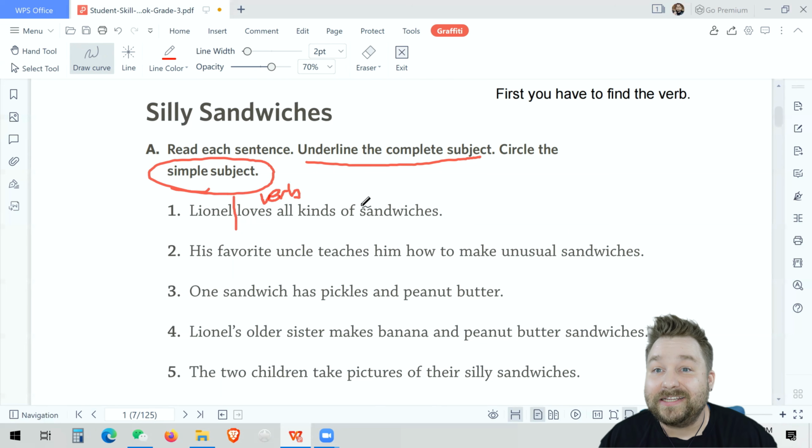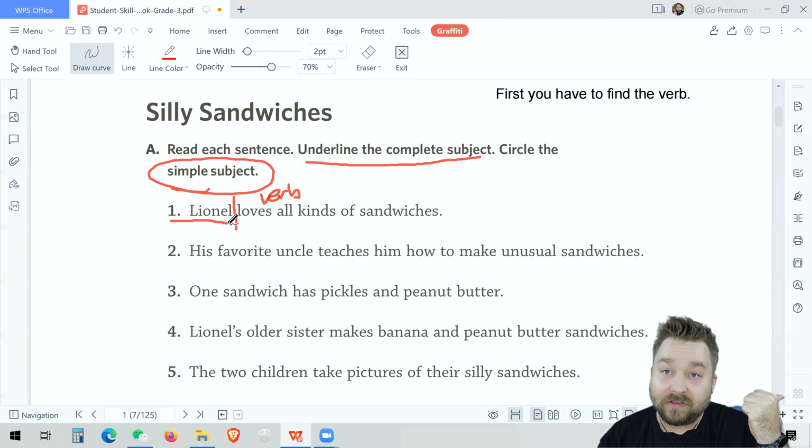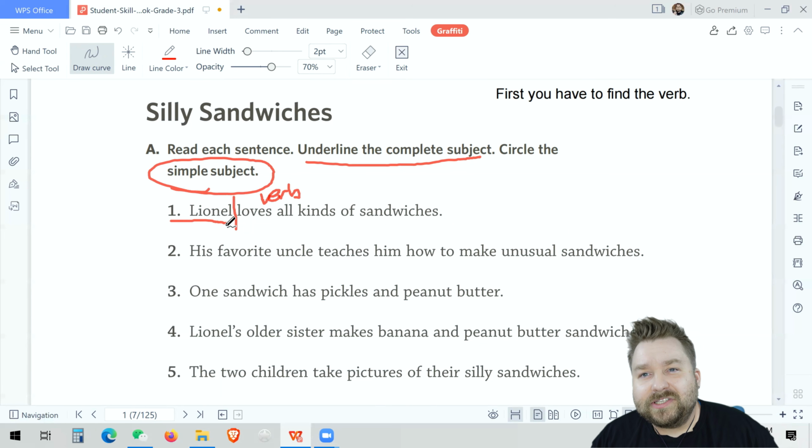We know our complete subject is all of the stuff on the left up to the other side of that verb. That's your complete subject. Well, right here it's just one word, right? Lionel. Well, that's easy. Now your simple subject. Your simple subject is just one word.